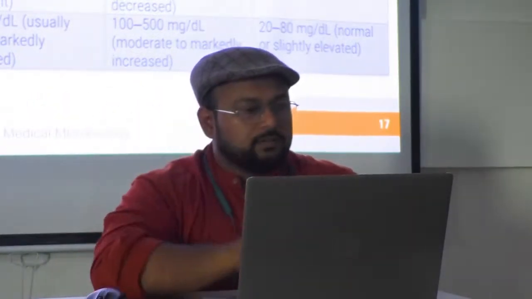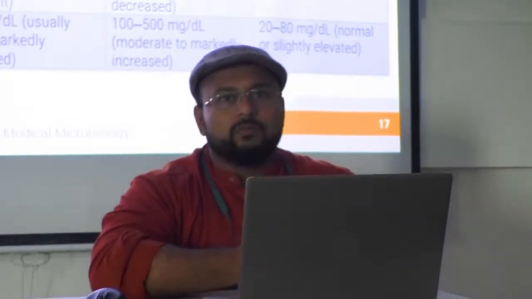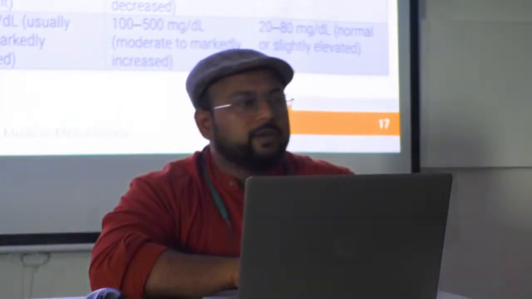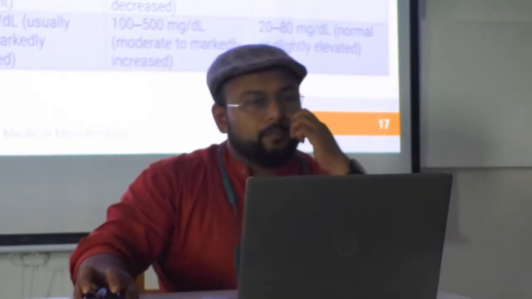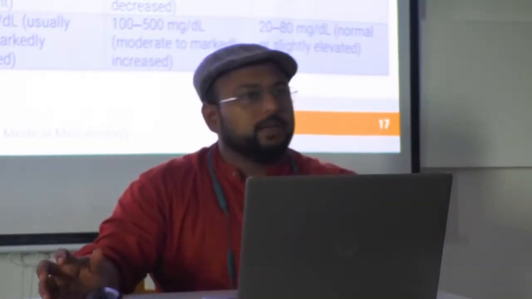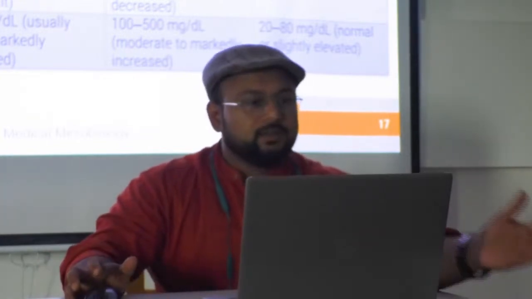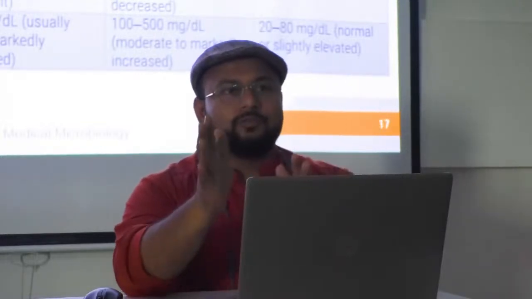So obviously with bacteria, the total count will be high. The total count is 100 to 10,000 in case of pyogenic meningitis, and obviously it is neutrophilic predominant. Pus is there means neutrophils, ঠিক আছে. Now glucose, how will we remember glucose? Bacteria eat glucose.